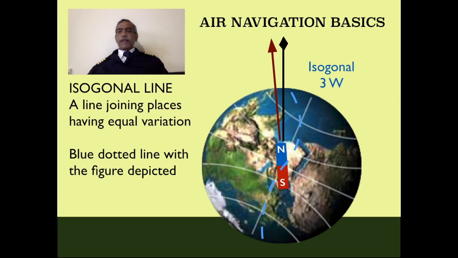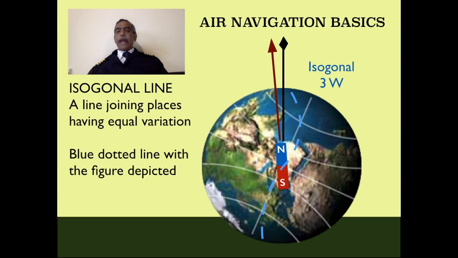Okay, now that we learnt about variation, let me introduce you to another terminology called the isogonal line. What is an isogonal line? A line joining places having equal variation. So as I told you, it's not a straight line, it's a curved line, it's not a fixed line. It has to be periodically revised.